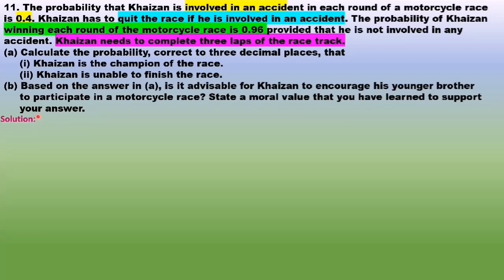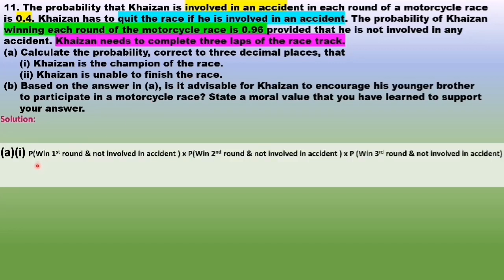Okay, so to calculate the probability of Kaizang being champion of the race, we need to count like this. Probability Kaizang wins the first round and is not involved in an accident, times probability Kaizang wins the second round and is not involved in an accident, times probability Kaizang wins the third round and is not involved in an accident. So probability of Kaizang winning is 0.96, times probability he is not involved in an accident.